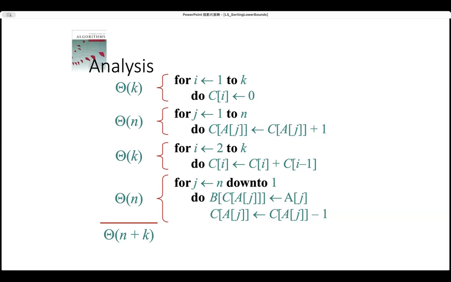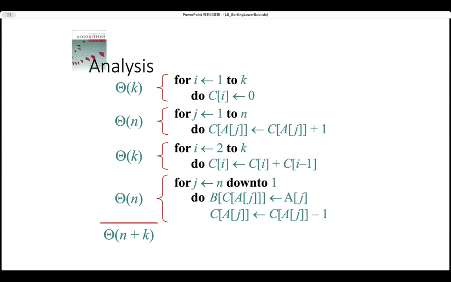The second loop runs n times because we are doing the counting over array A. The third one runs on array C, so again the size is k. The fourth loop is about putting the records at the right place. So in total it's big theta of n plus k.